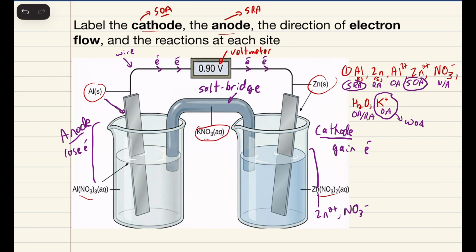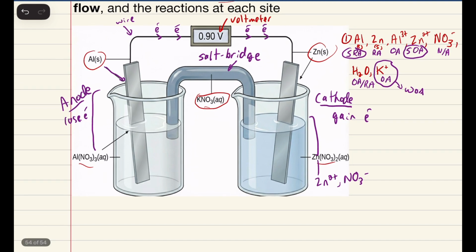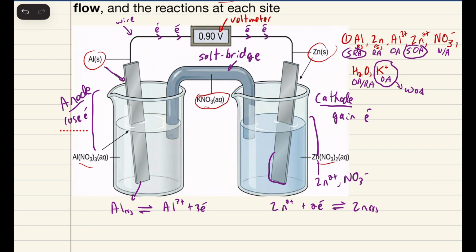And then in terms of the reactions at each site, you have an oxidation reaction at the anode, since it's the strongest reducing agent. And then at the cathode, it's going to be zinc 2+ gaining 2 electrons to become zinc solid. And what we would anticipate if I were to let this reaction run is that you'd have a mass buildup over here over time of zinc solid as that's being produced.